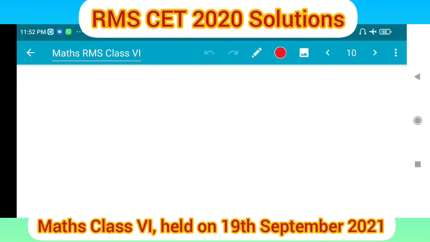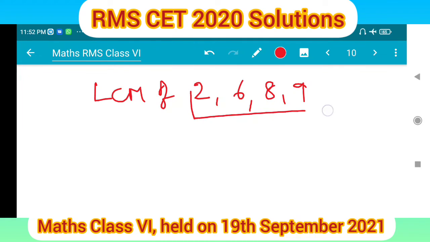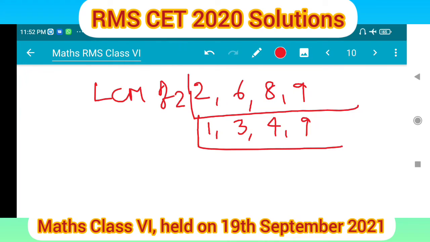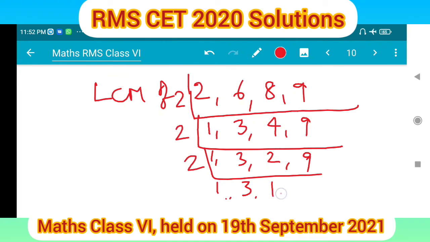Which numbers' LCM? LCM of 2, 6, 8, 9. Okay. See, first go for 2. 2 ones are 2, 2 threes are 6, 2 fours are 8, the 9 is kept as it is. Next again go for 2. 2 ones are 2, the 3 as it is, 2 twos are 4, the 9, again 2 ones are 2, the 3, 2 ones are 2, the 9.